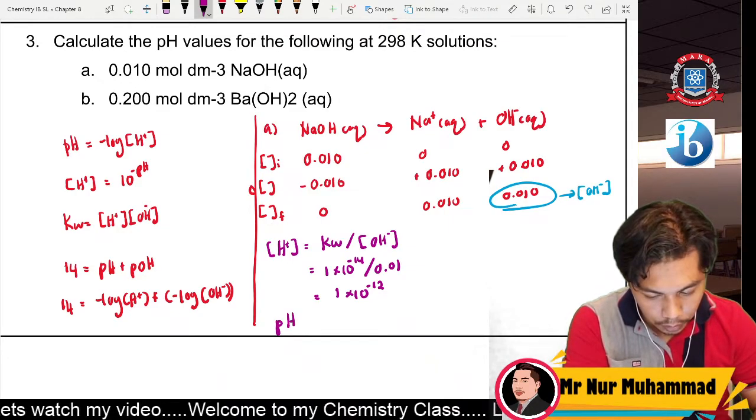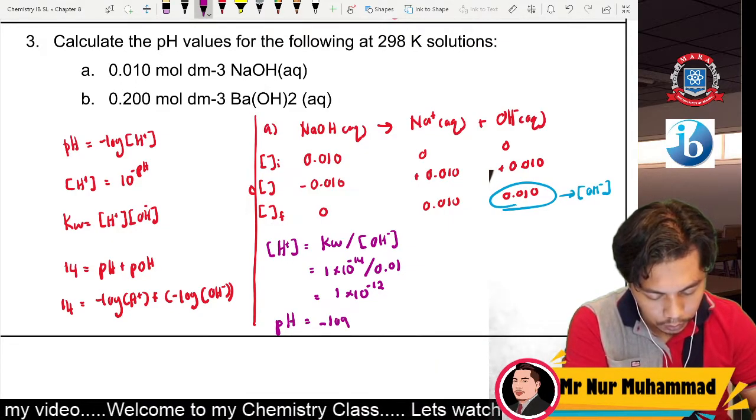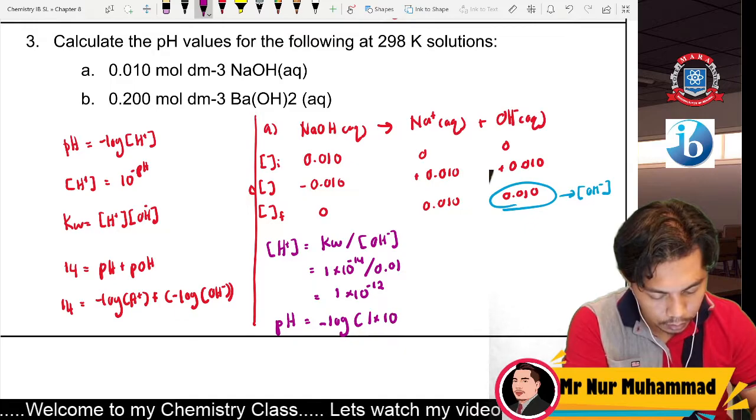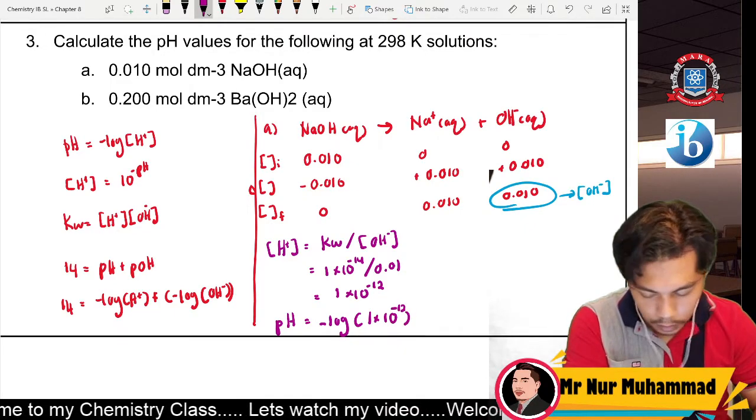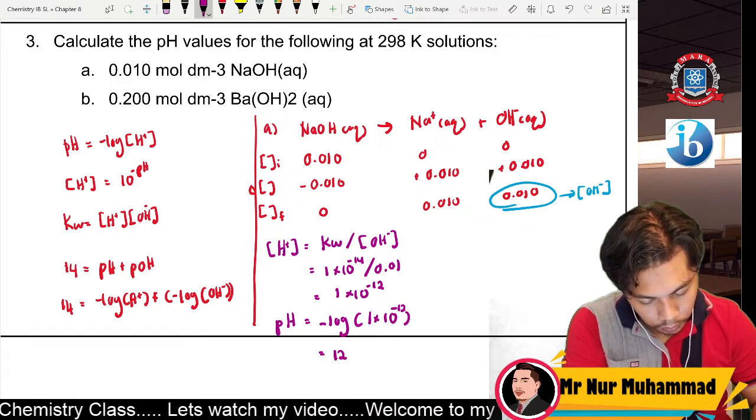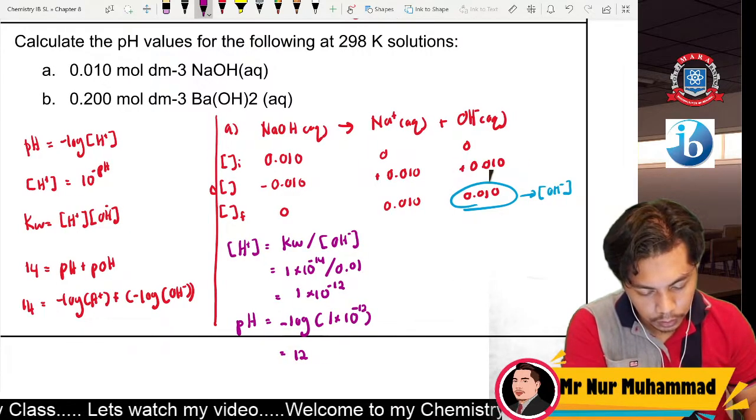The pH value is equal to negative log and equal to 12. This is the first method.